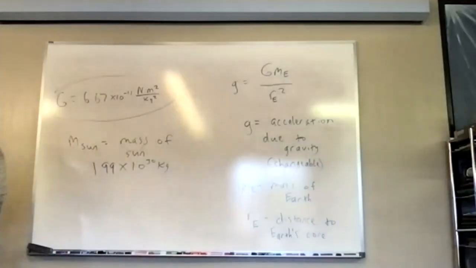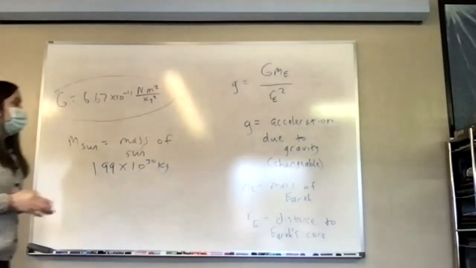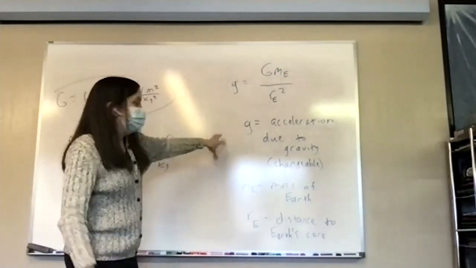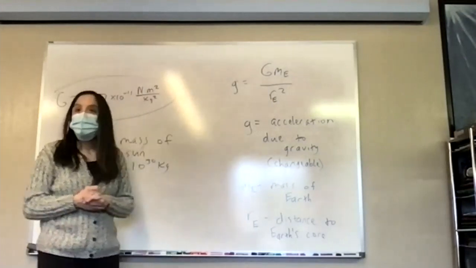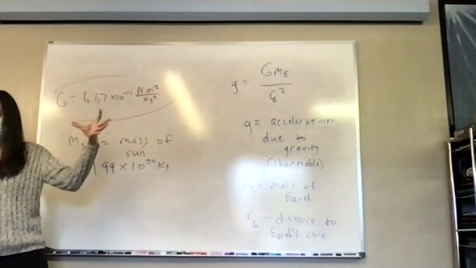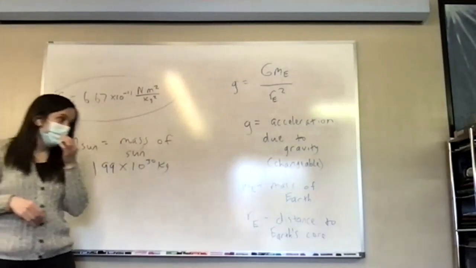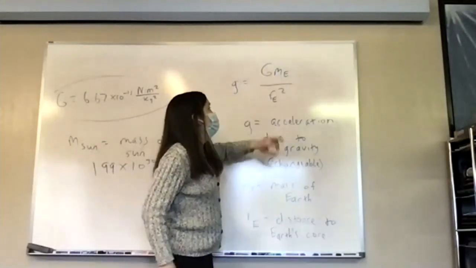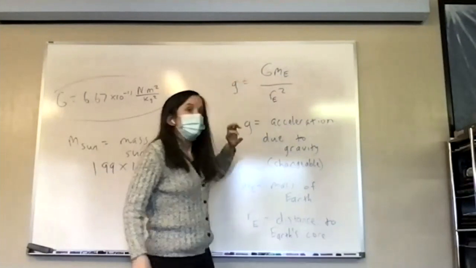This gives you a way to find the acceleration of gravity where you are, based on the distance to Earth's core. This also says that if Earth were to shrink, you'd have higher gravity, or if Earth were to expand, you'd have lower gravity. Keeping the same mass, if you change R, you change the force of gravity.